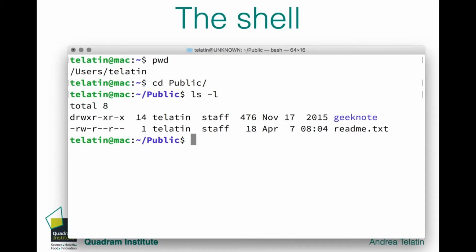Here you can see that the second command is cd space public. This means change directory, move your position from where you are to a new directory called public. When I hit enter, I don't see any output. So some commands don't produce any output at all. They make some other changes. While the third command, ls, that means list the files, is producing an output, so I can see the files in that directory.